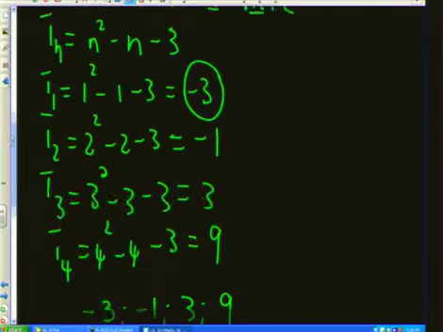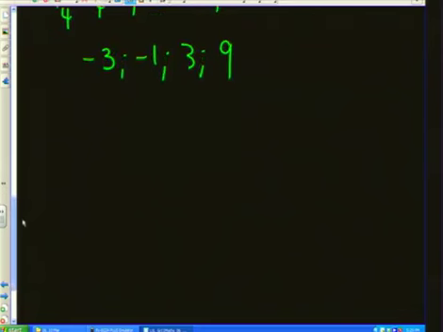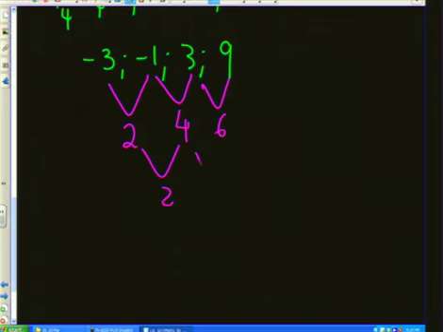Your first differences: the first difference is 2, then 3 plus 1, that's 4, then 6, and the second difference is 2. Now, this is your A plus B plus C.